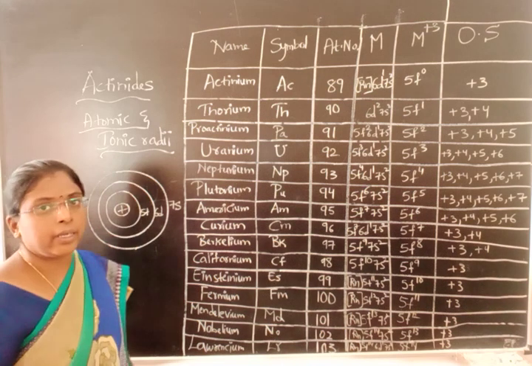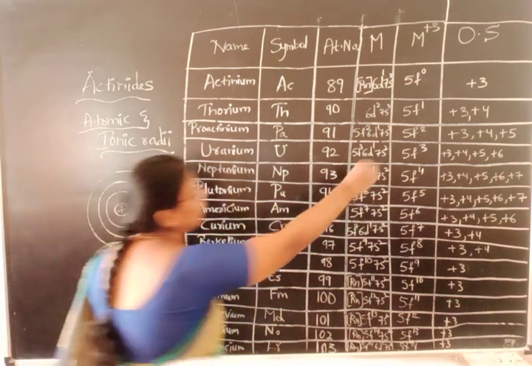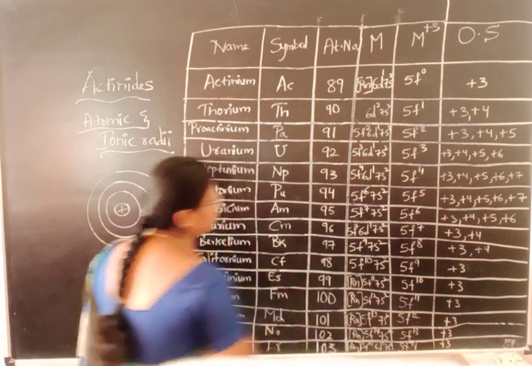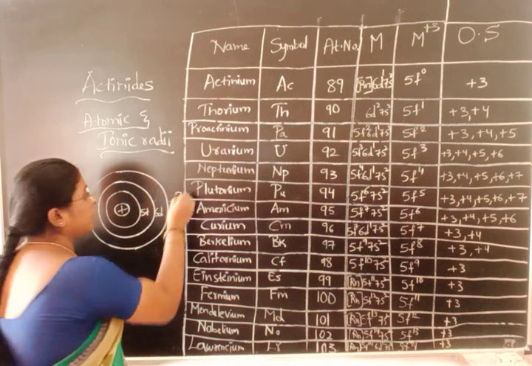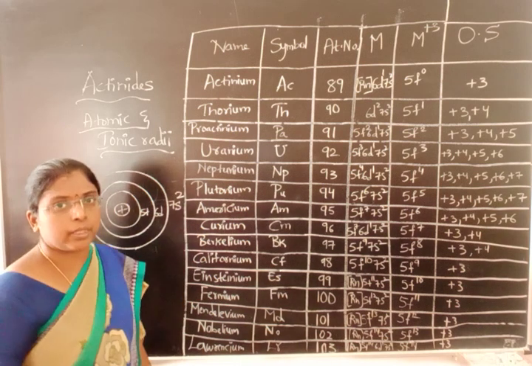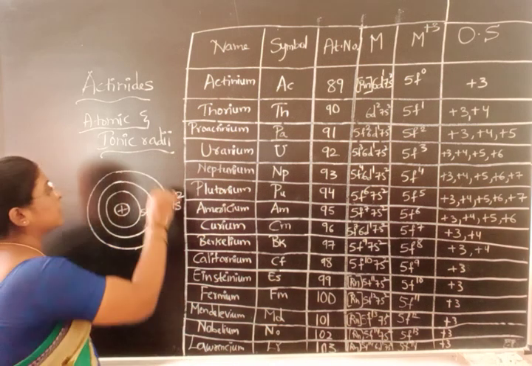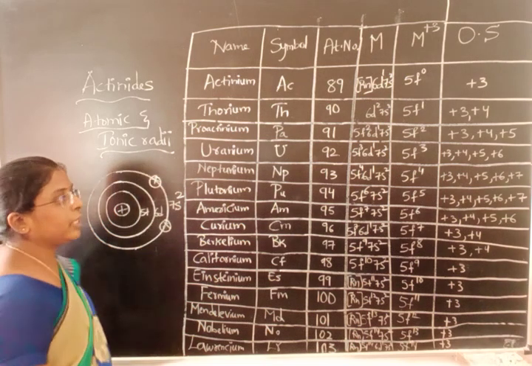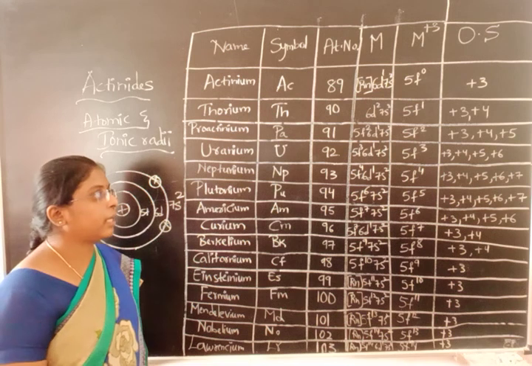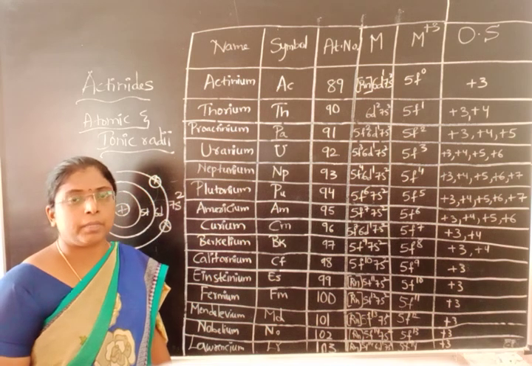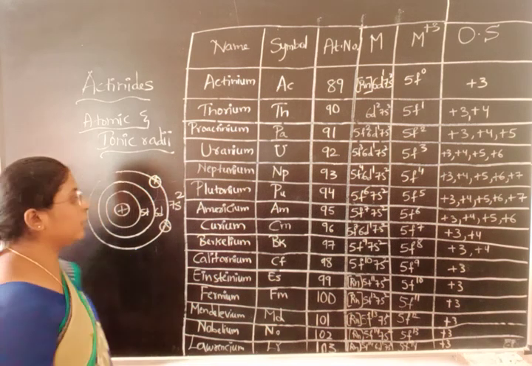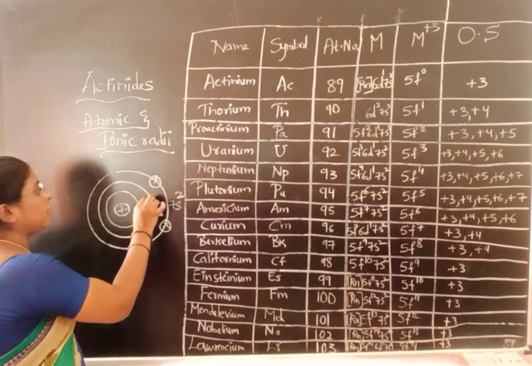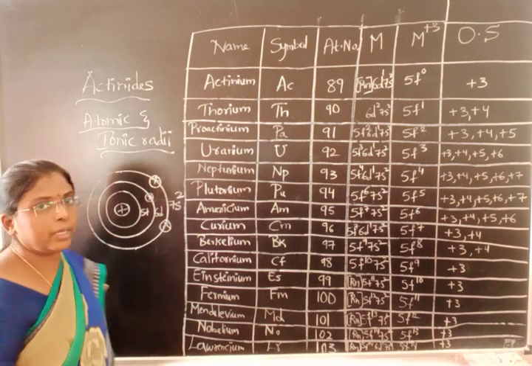In these actinide elements, the common outer electronic configuration is 7s2. All these elements are having 7s2. This subshell is completely filled; in the 7th period, it is having 2 electrons. If you take 6d, some elements have 1 electron and some elements do not contain any electron in d. Here it is either 1 or no electrons.